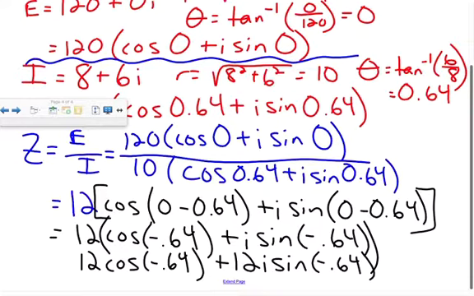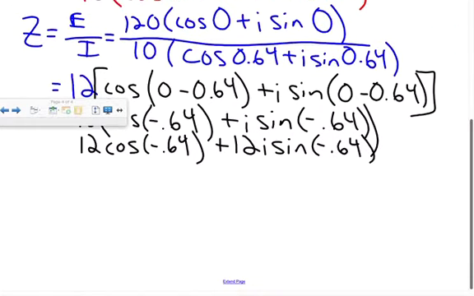So in my calculator, I take the negative 0.64 and the cosine of that times 12 is 9.6.